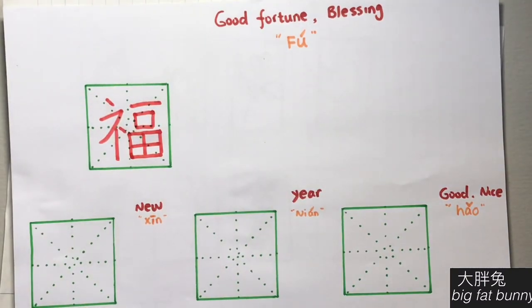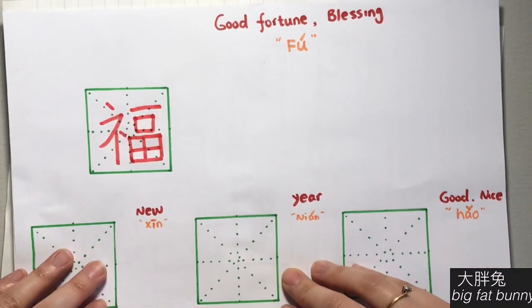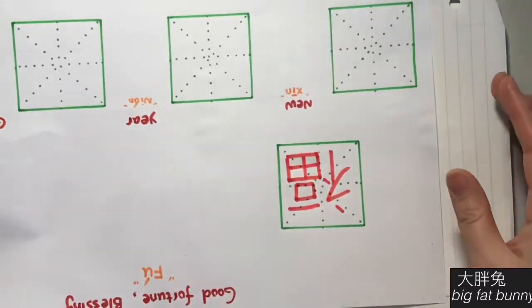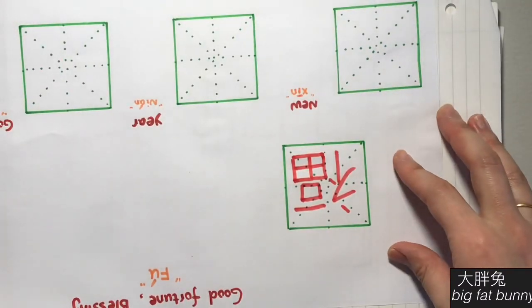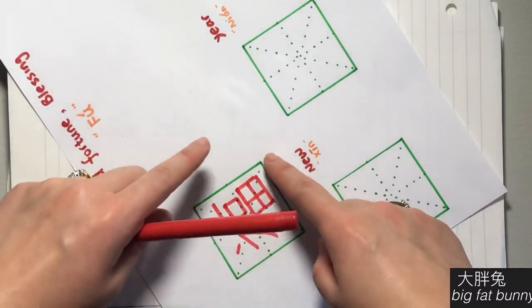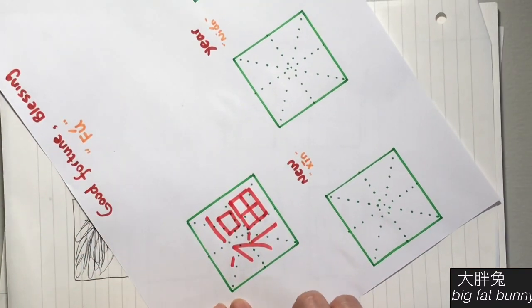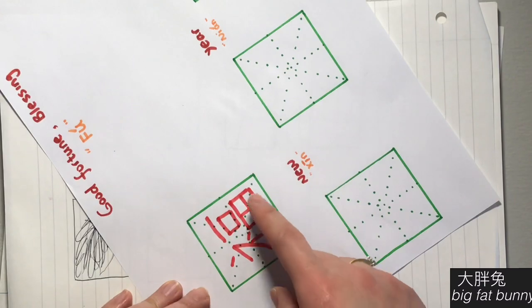But at Chinese New Year time, if you happen to be in China, you can see that a lot of Chinese families hang it upside down, or sometimes on a red background, because Chinese people think red means happiness and luck.